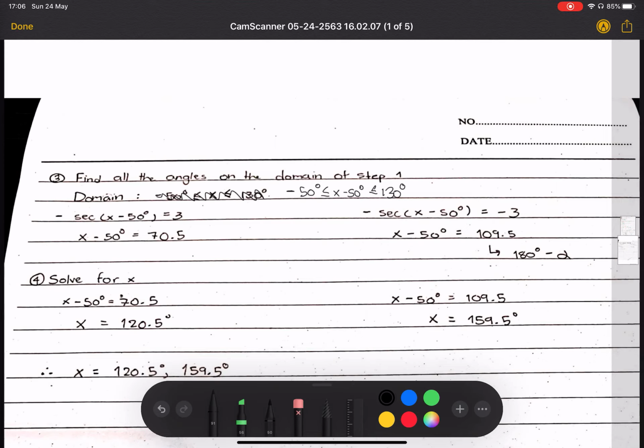For the positive one, we will get sec x minus 50 equal 3 and x minus 50 degree equal 70.5, and for sec x minus 50 degree equal minus 3, we will get x minus 50 degree equal 109.5, by 180 minus alpha angles, and we will get this value.